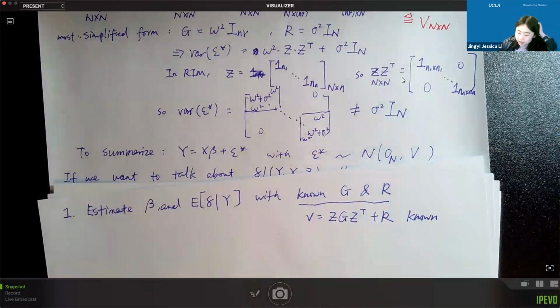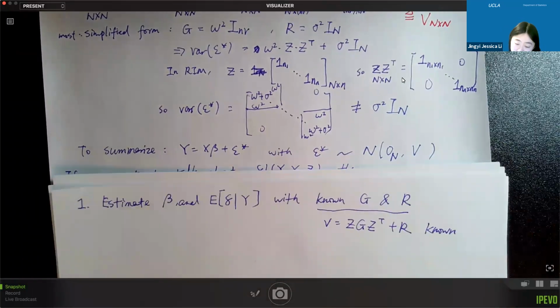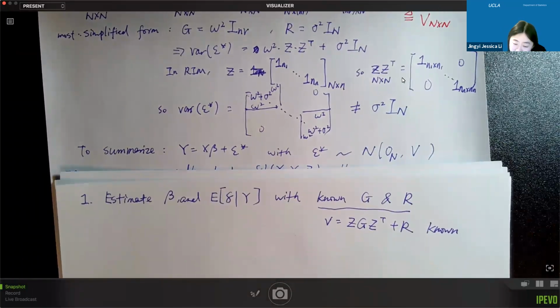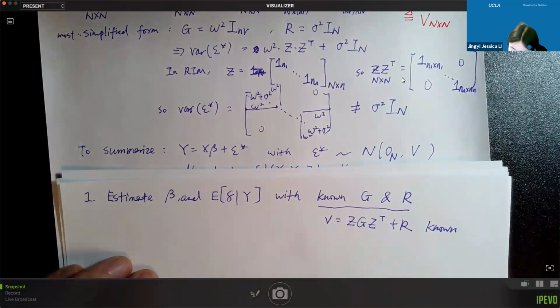Given a known V, how do we estimate beta? Actually, we know how to do it. By the MLE, we can easily show that.